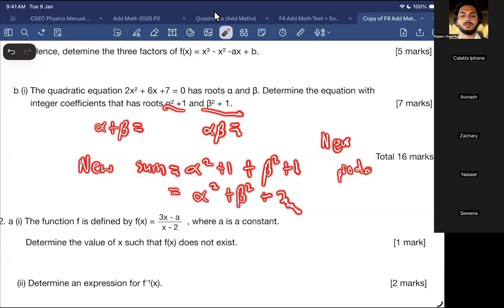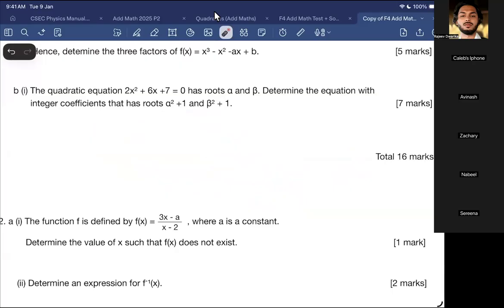So Nabil, if I say product of the roots, right? What are my new roots? Come on, Nabil. When you read the question, what are the new roots? Alpha squared plus 1, beta squared plus 1. Right, and we want to find the product. What does product mean? Multiply. Right.